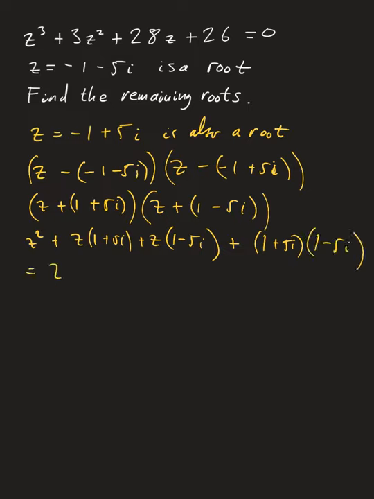So that's equal to z squared. The plus 5i and minus 5i cancel, and I end up with just 2z. And when I multiply that thing at the end, what I end up with is 1 squared plus 5 squared. So that's equal to z squared plus 2z. 1 squared is 1 and 5 squared is 25, so it's 26.